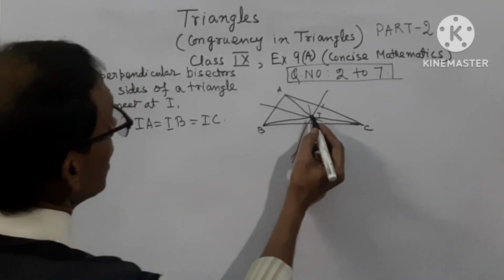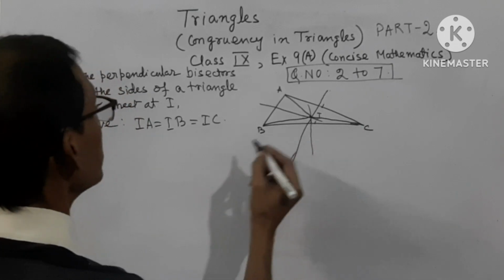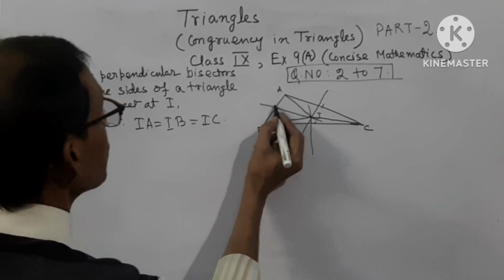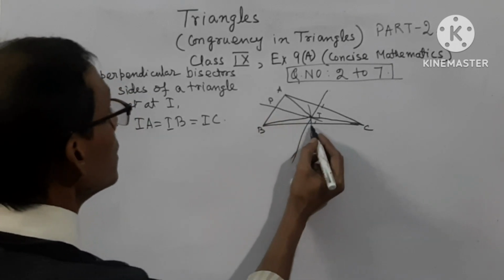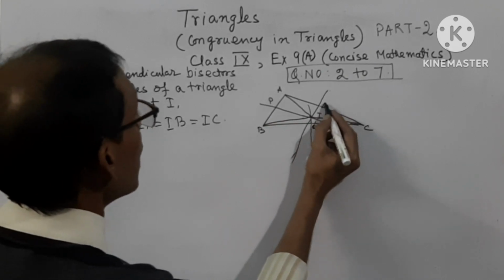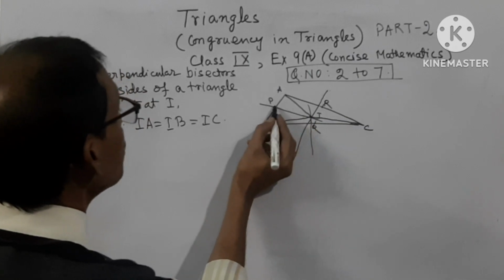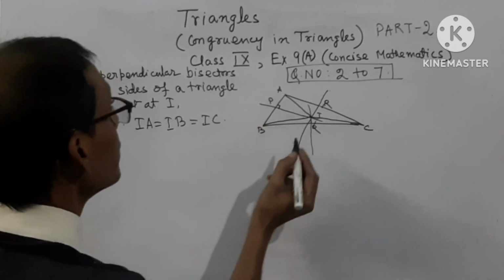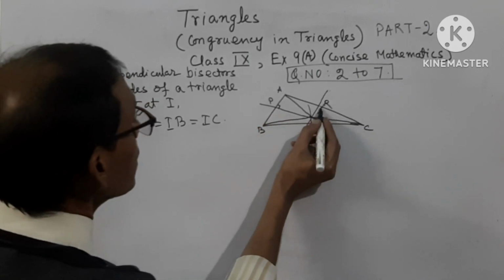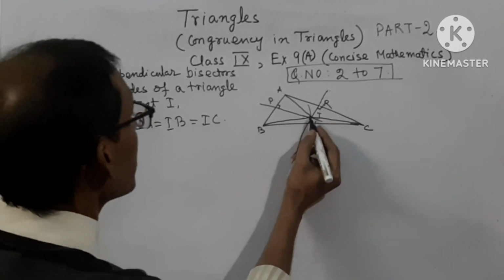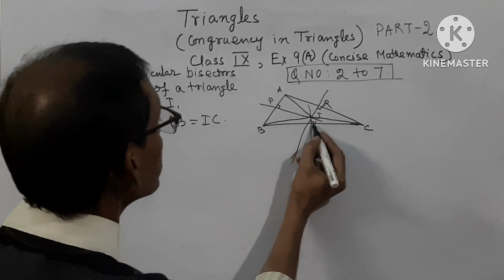And they are the perpendicular bisector. Let's make it point P, Q and R. See, from I to P it is 90 degree, I to R this is 90 degree, and I to Q this is 90 degree.